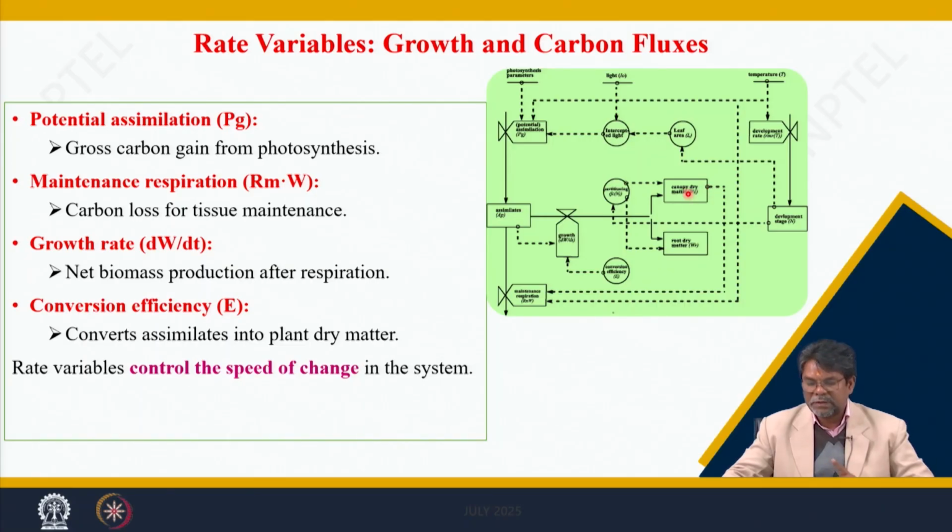The plant has an original dry weight, and to maintain this dry weight, respiration means there is a loss of carbohydrate. In the process, the plant takes oxygen and releases carbon dioxide. So, there is a loss of carbohydrates to maintain the original plant tissue or weight, and through that the plant gets energy for different processes.